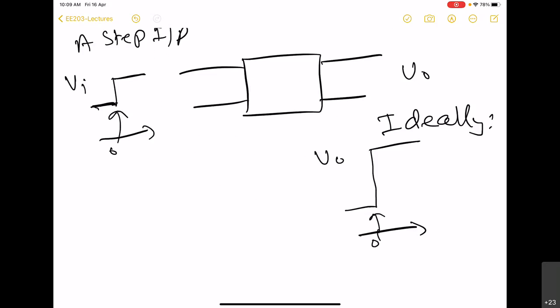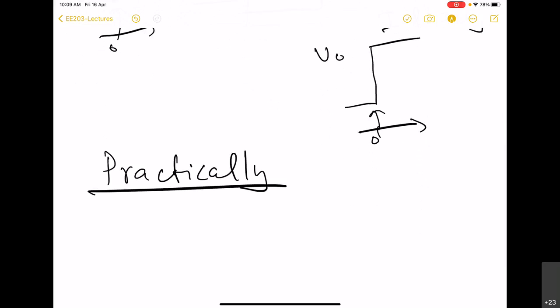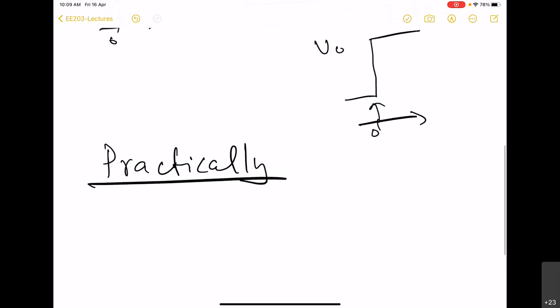The jump occurs at t equal to 0, or maybe even some delay can be accommodated. But what happens in real life, practically, there will be four types of output.